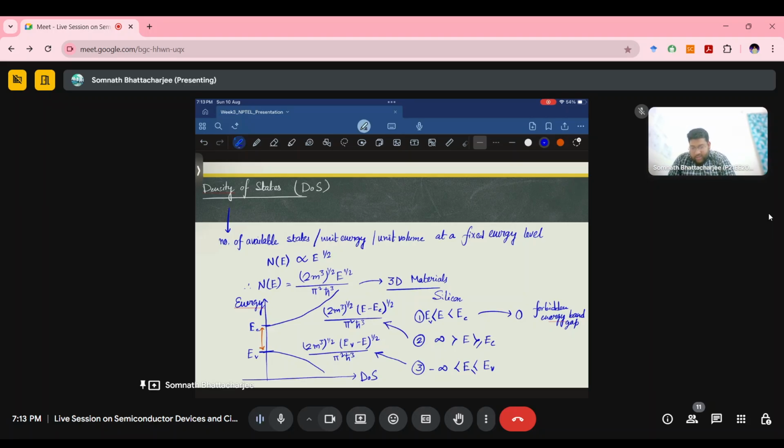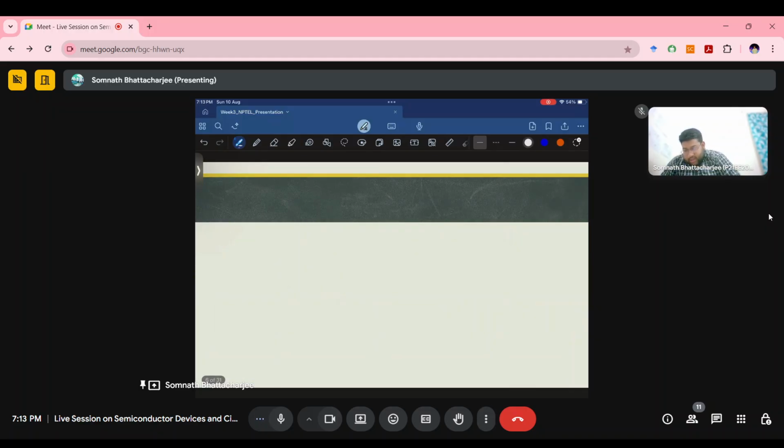Now, this is for the 3D materials. What if there is a material that is in two dimensions, where a single dimension is very much smaller than the other two dimensions? In case of 2D materials, the definition also changes a bit.